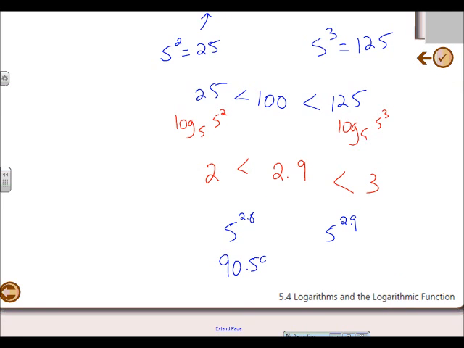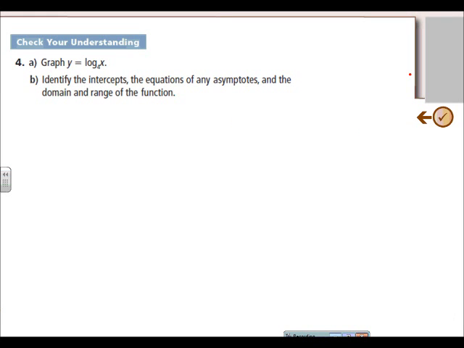Punch them into the calculator, and you'll see that this is 90.5974. And 5 to the 2.9 is 106.4174. So it seems to be a little bit closer to 2.9, so I'll use 2.9 as my approximate answer.